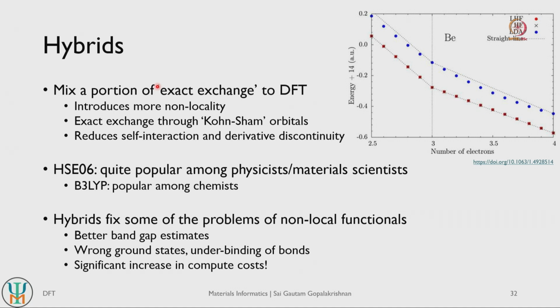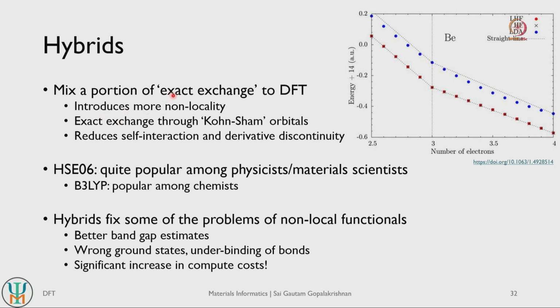So it recovers to a large extent this discontinuity in the derivatives of energy with respect to number of electrons. The way to also interpret why Hartree-Fock exchange or exact exchange does not suffer from this is because it includes more non-local information than what is included in your local or semi-local functionals, your LDA, GGA or meta GGA functionals, right.